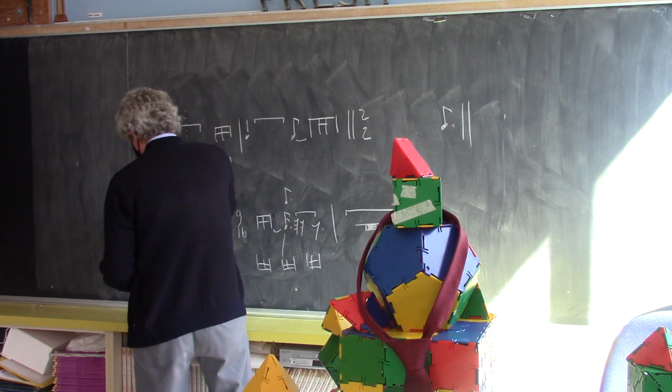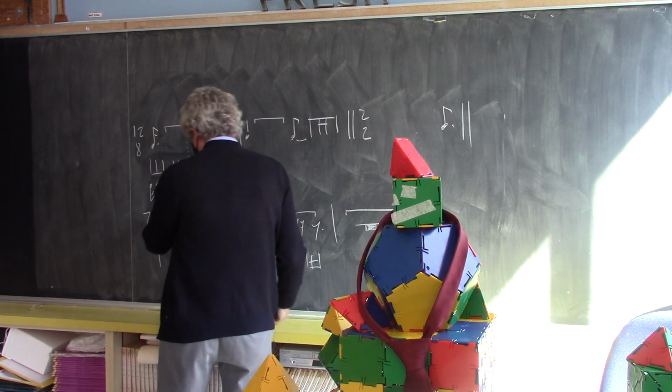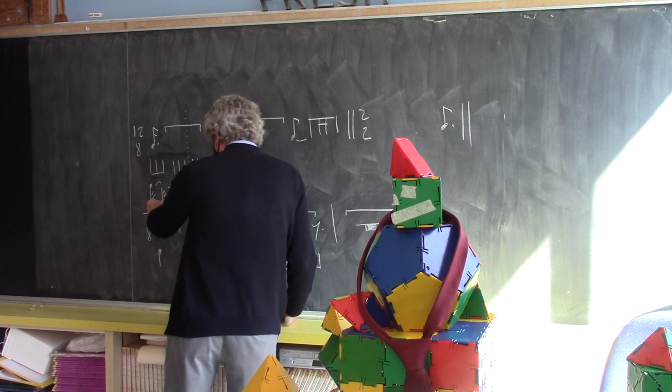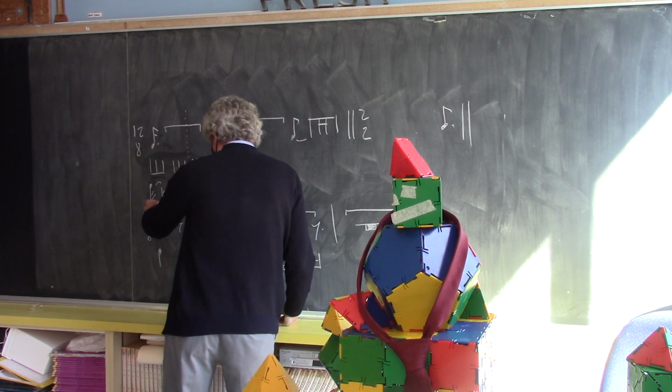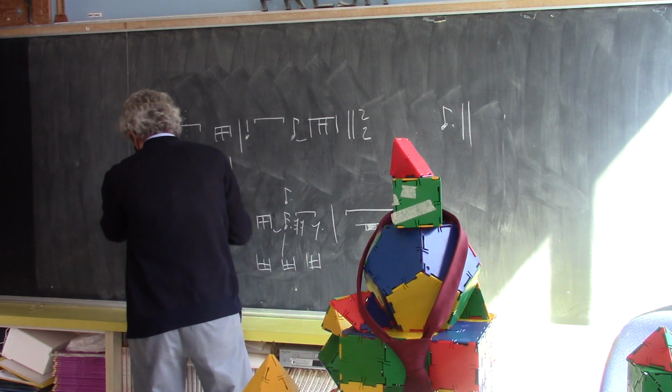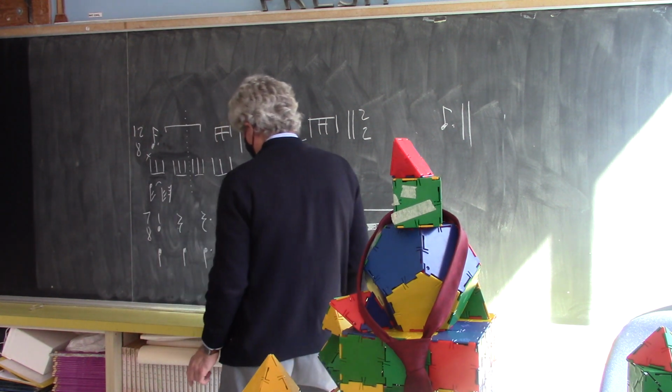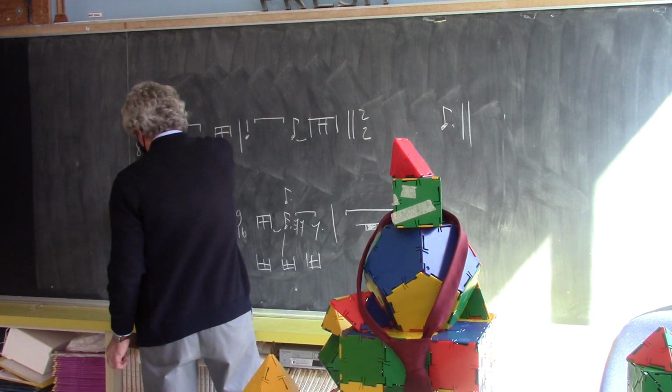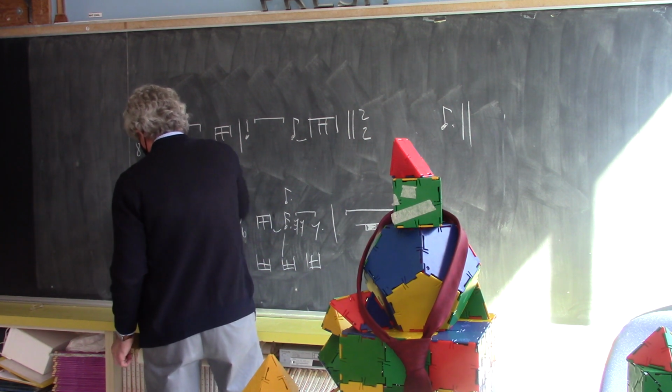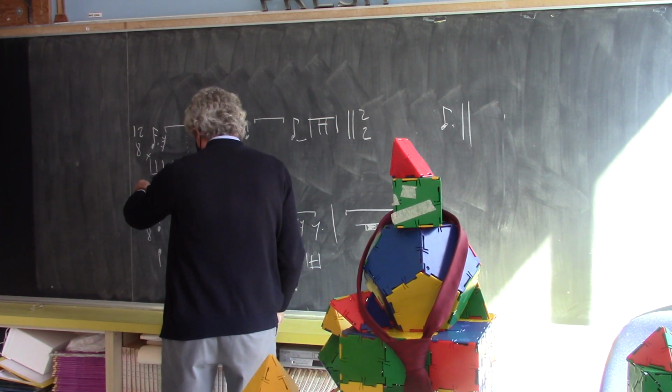So 2 32nds, that's a 16th, another 16th, so that's an 8th. So we've got that one. So we need that. And then we need this and this.